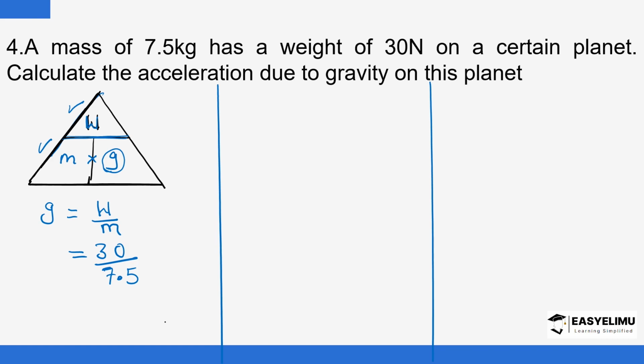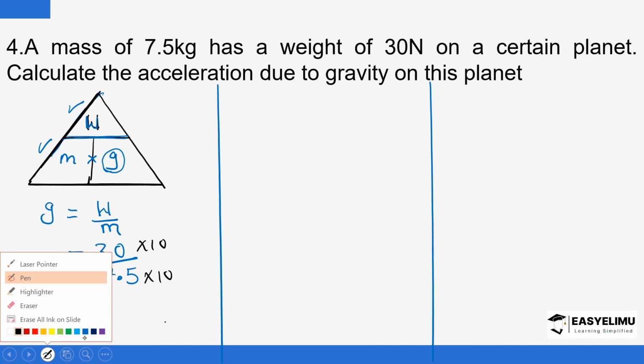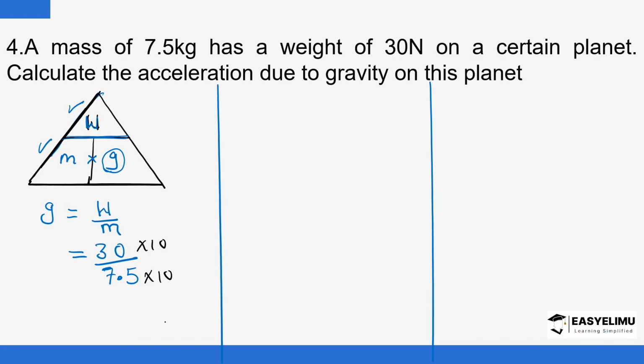You can multiply both numerator and denominator by 10. So all the zeros in the numerator will remain, so that is 300, but the 0 down here will be used to remove the decimal point, so that is 75.